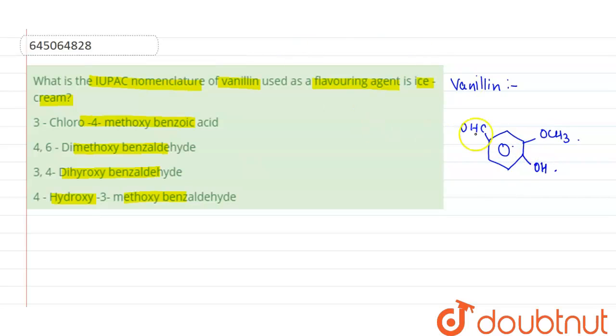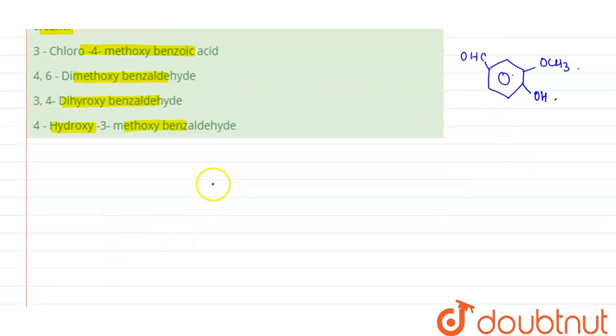So we need to do the IUPAC nomenclature for this compound that is present here. So let's see. At first, let us draw the clear picture to it. So this is present here. We can write this as OCH3 like this. This is OH group present here. And this is benzaldehyde. And this is C double bond O and H.